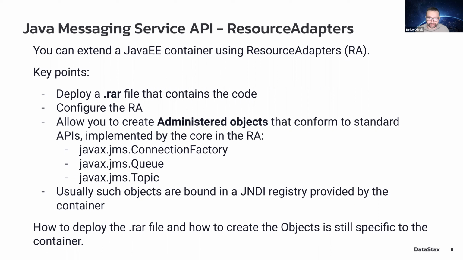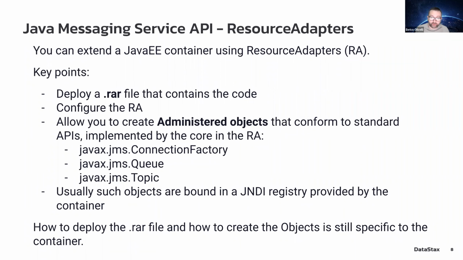In the Java Enterprise world, if you want to use JMS, usually you deploy a resource adapter. The resource adapter is basically a jar file with a rar extension, and you configure the resource adapter, and then you can create administered objects, so the connection factories, the queue reference, the topic reference, and usually you bind these to a JNDI registry.